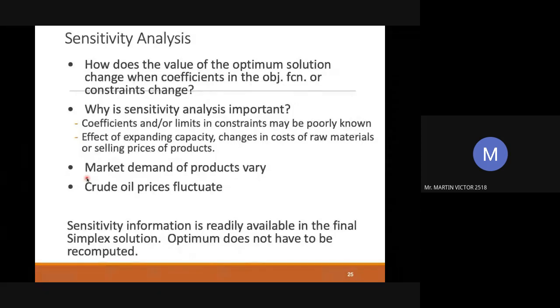Then there is the effect of expanding the capacity, changes in cost or selling prices of the products, and market demand of products varying. For instance, crude oil prices fluctuate. When we take this sort of situation, every day the data changes, the values change.